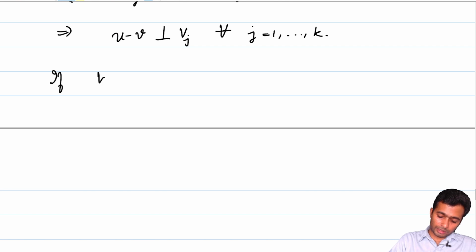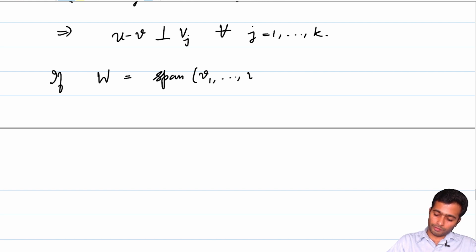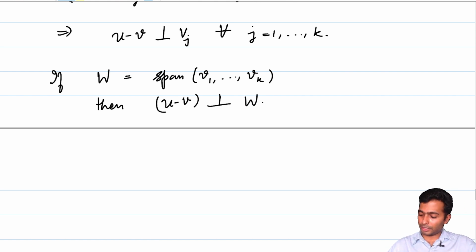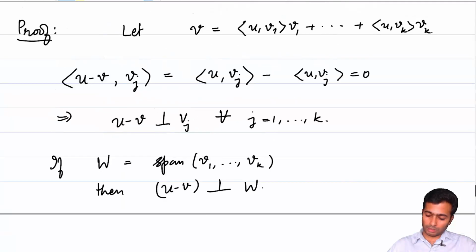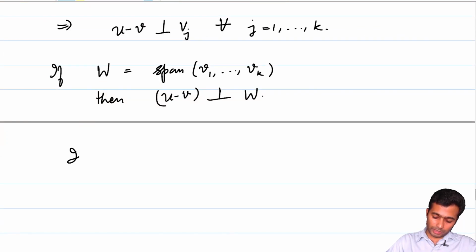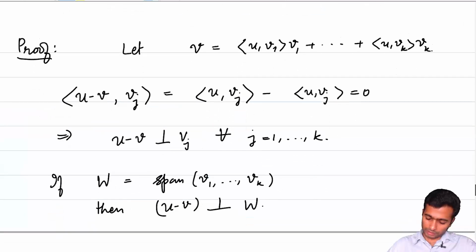That means if W is equal to the span of V1 to Vk, then U minus V is orthogonal to W. So let me call U minus V as something.